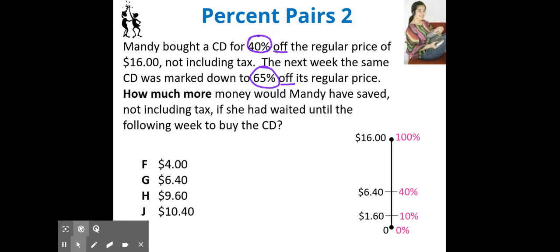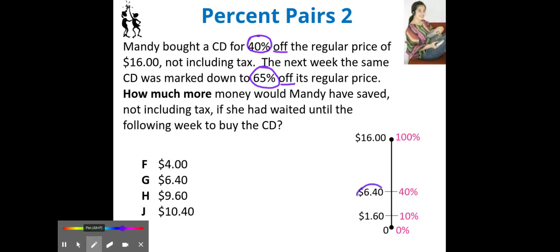$6.40. Pause and think. What question am I trying to solve? Because right away, when I look over at my answer choices, I see one of those answers. $6.40 is G. I've done a little bit of math. G could be my answer if it's the answer to how much more money would Mandy have saved. Well, question.